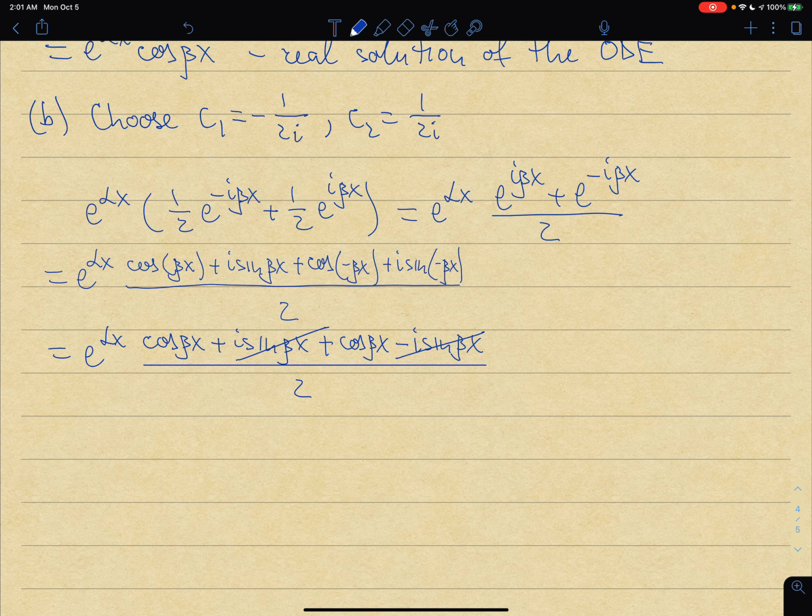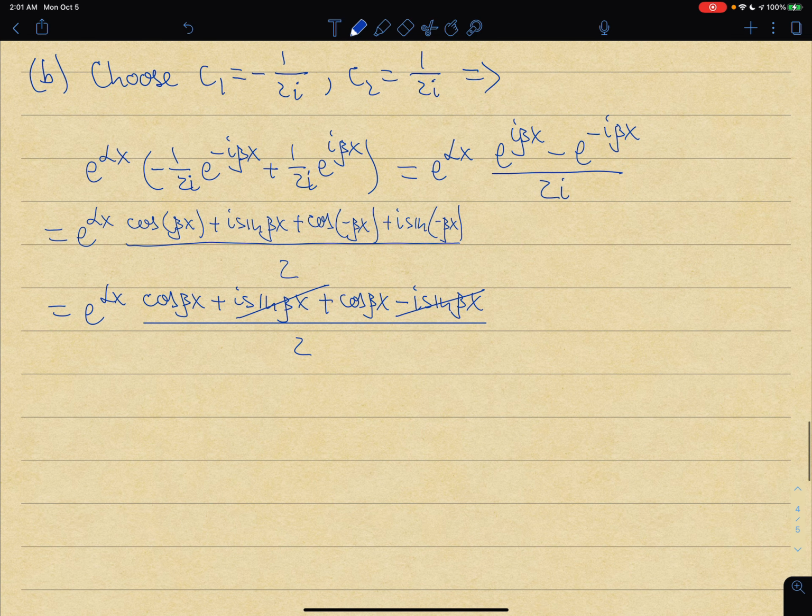So then, what will happen? C1 is minus 1 over 2i, and C2 is 1 over 2i, so just like that. So then if I factor out 1 over 2i, then inside I'm going to have left e to the i beta x, because it comes with a plus sign, minus e to the minus i beta x, it comes with a minus sign.